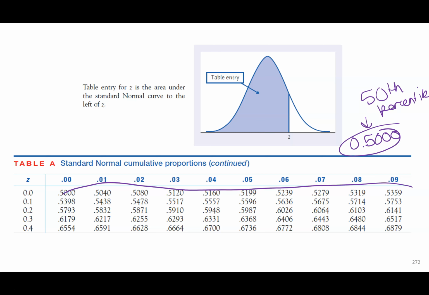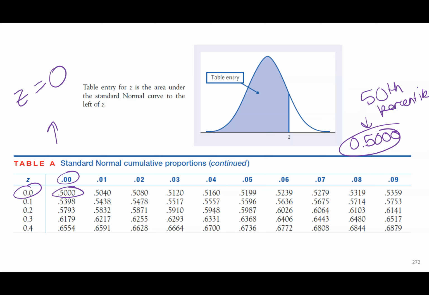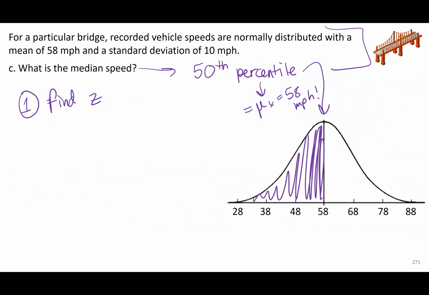So I'm going to look in here and try to find 0.5000. Ta-da, it's right here, exactly right there. If I work backwards, my z-score here is 0. So I can use that here: z is equal to 0.